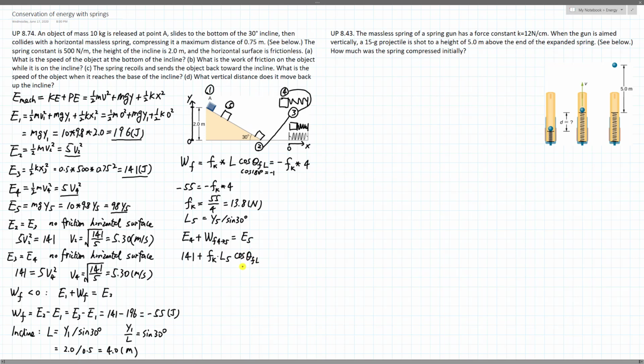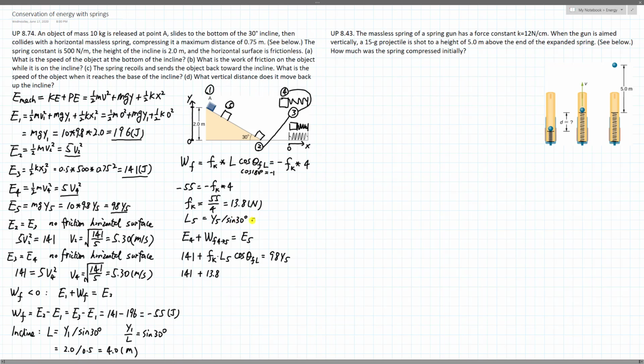So that's again 180. And that's equal to E5. E5 is 98 Y5, so 98 Y5. Alright, so we have 141 plus frictional force was 13.8, and L5 can be replaced with Y5 over sine 30 degrees, over a half.